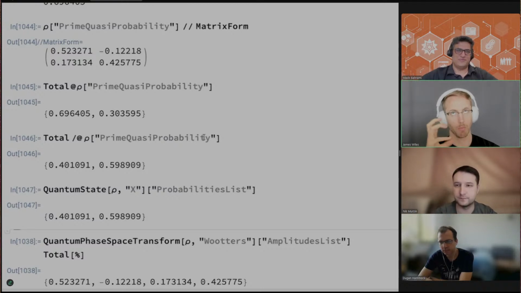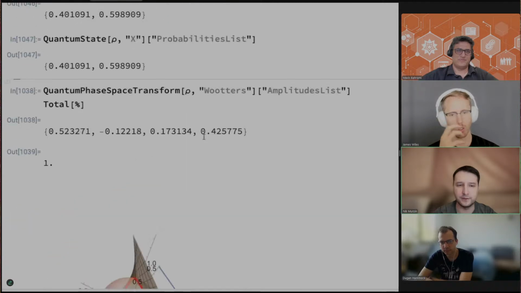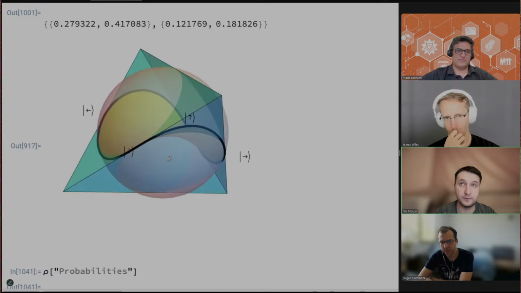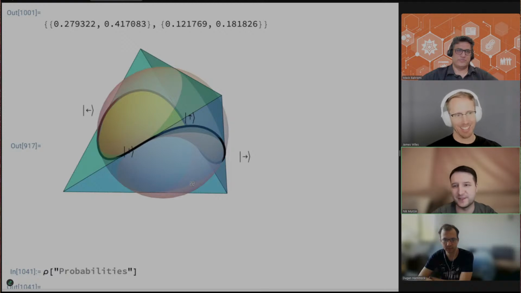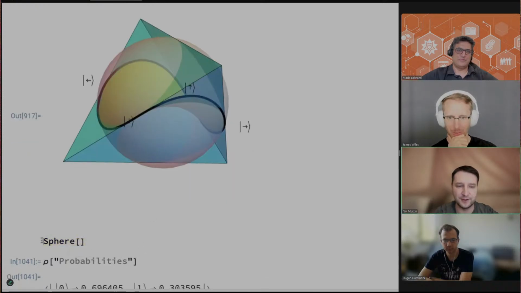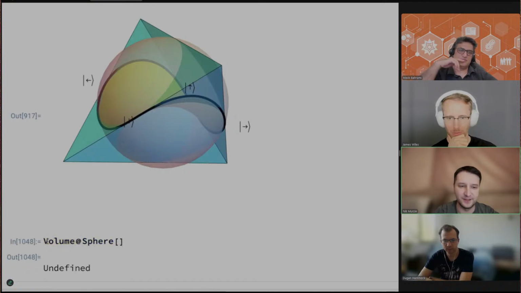So does that mean the area of the sphere and the tetrahedron here are the same? The volume, not the area. I'm not sure, actually. I doubt it, because there's going to be some kind of pi. No, the volume is not the same, but is there a way to calculate that easily? Or is that a complicated thing to do? Well, if you have a unit sphere, it has a straightforward volume.